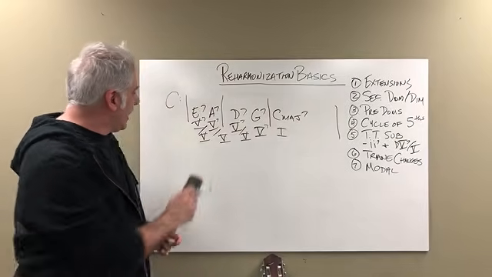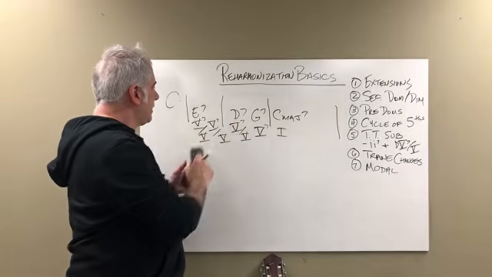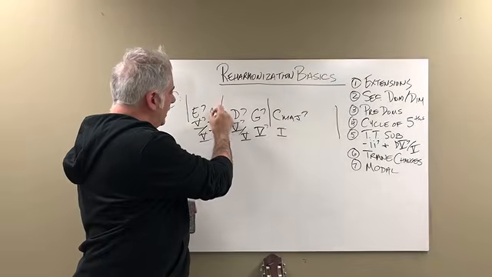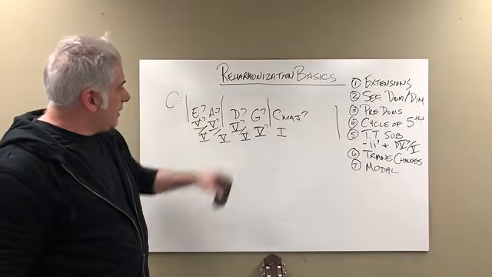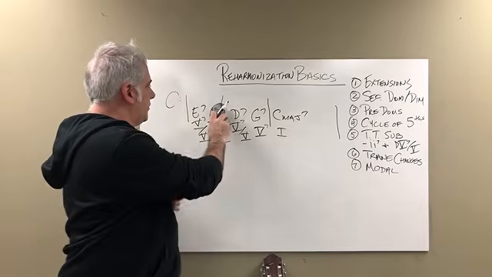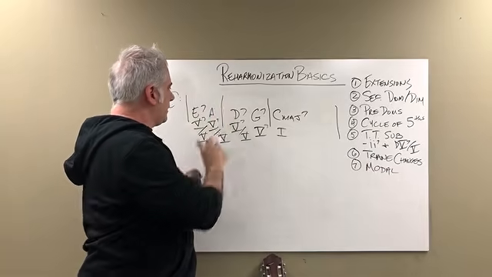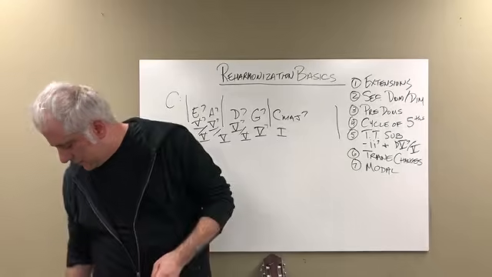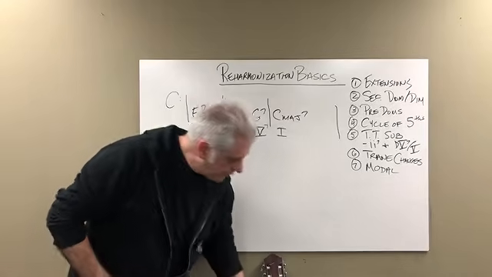I could have easily gone E7 to A minor 7, D minor 7 to G, but this works better. So that would sound like this. So if you went like this.